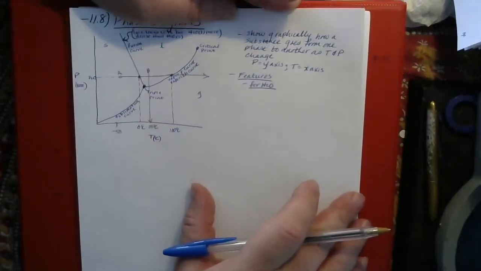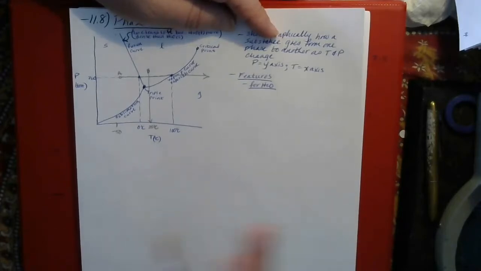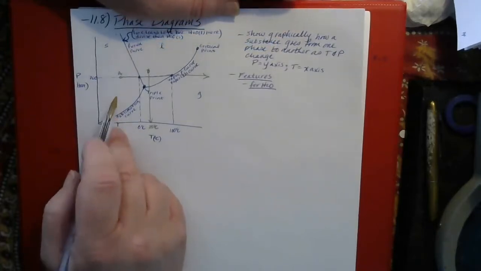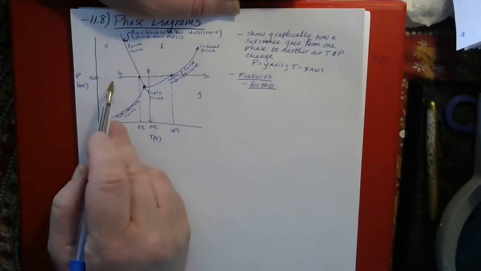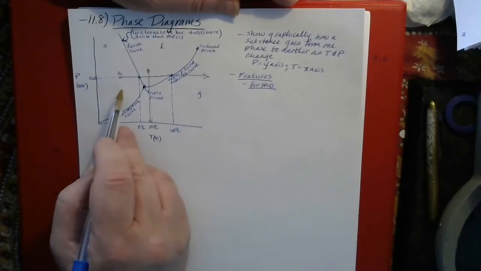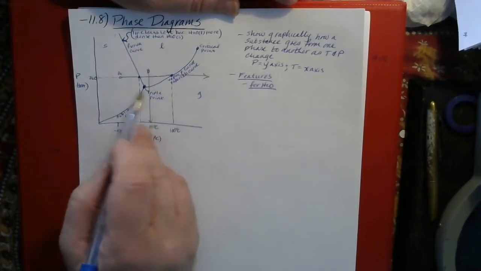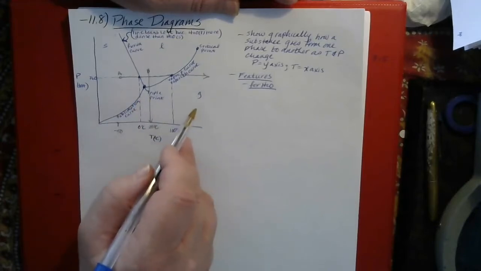Okay, if the substance is in a certain phase and you change the conditions of pressure and temperature, you can always tell what's going to happen to the substance by finding the new location on the phase diagram. And so if you change the pressure and temperature of water from, say, a value that's over here, which would be ice or solid water, to values that are found, say, over here, then the water is going to sublime from solid directly to gas.